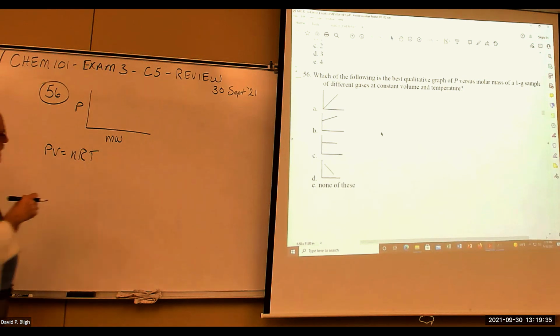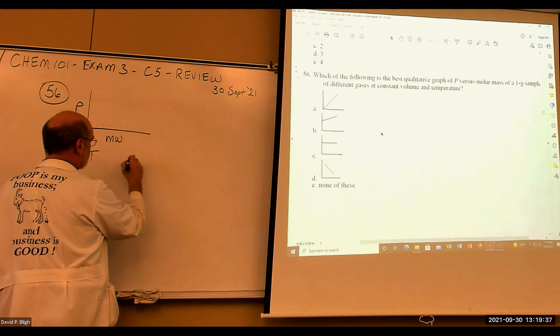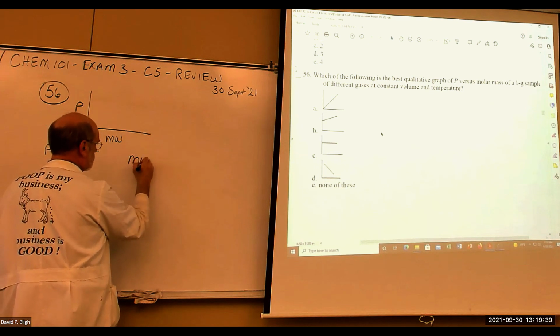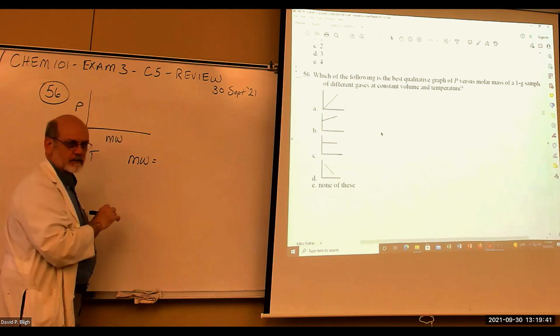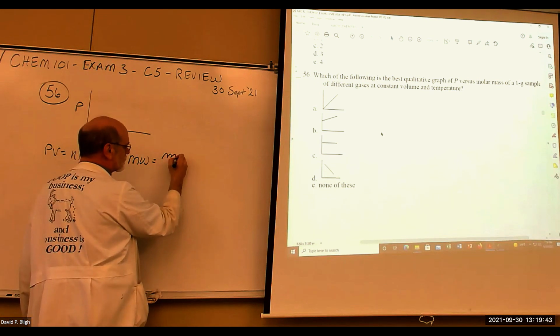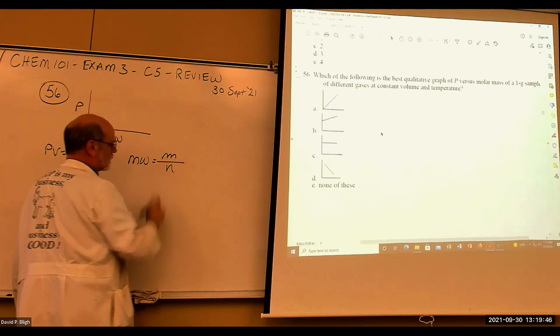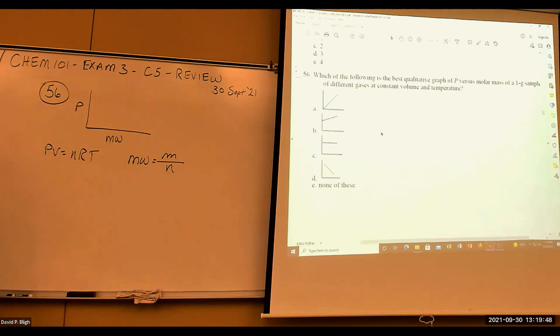We also know that molecular weight is mass per moles. Okay, we know those. So can we combine these two equations and deduce a relationship between this one and that one?